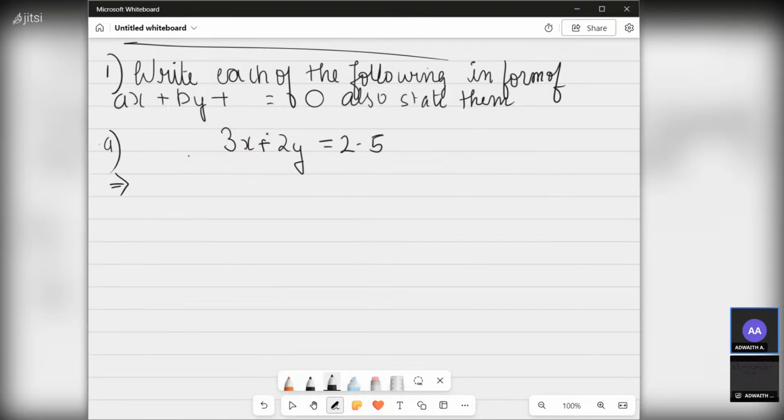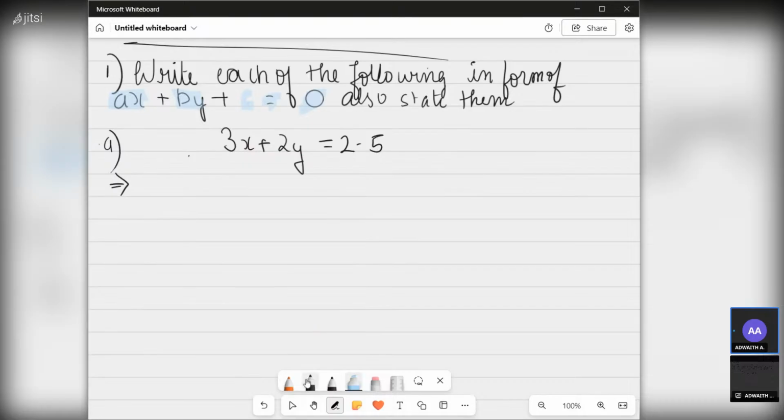But I'm not going to solve this. The question is to write each of the following in the form of ax plus by plus c equal to 0.